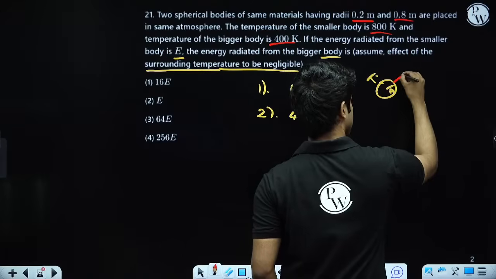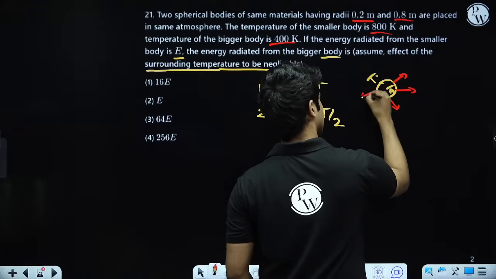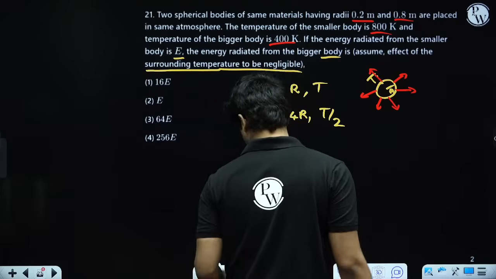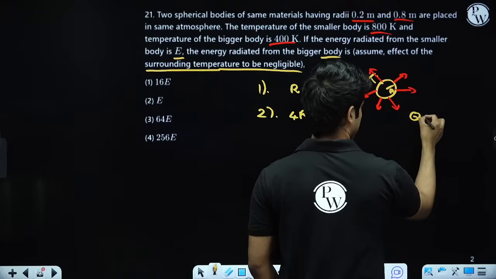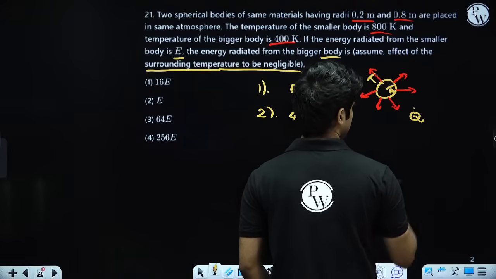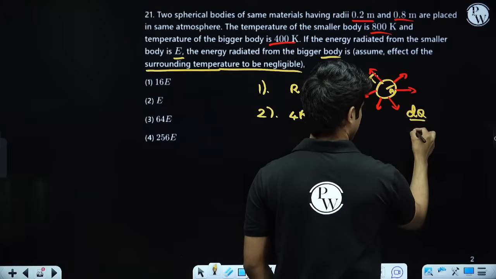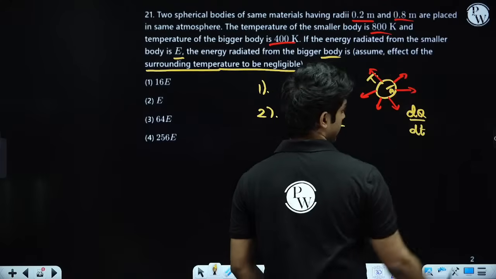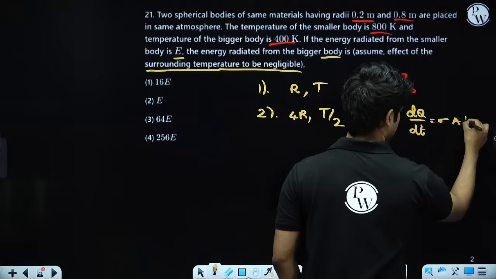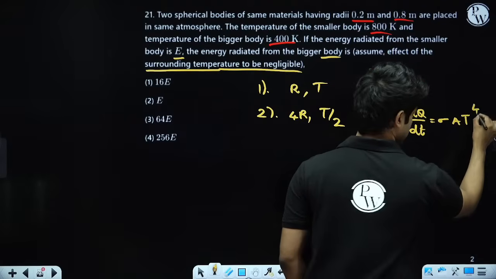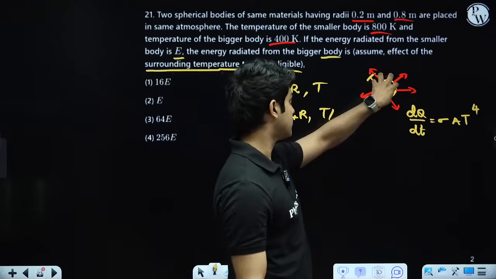Any body at temperature greater than 0 Kelvin will emit thermal radiation. The power of the radiation emitted, the heat transfer rate Q dot, which just means dQ by dt, equals sigma A T to the power 4.